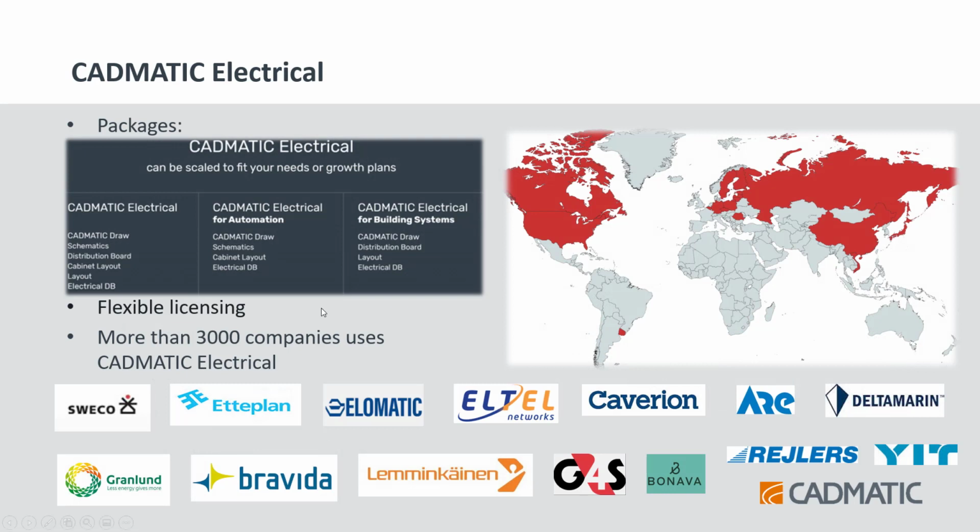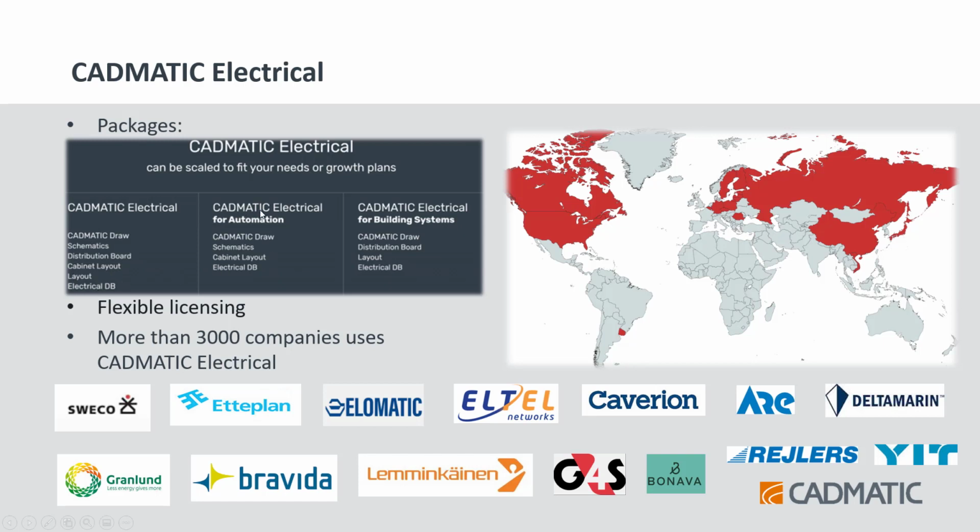Regarding the packages, we have basically three options. One is the full package, Cadmatic Electrical, that contains the CAD engine, Cadmatic Draw, which is very similar to every other CAD with all the layers, layouts, snaps, grids, orthos, etc. We have the schematics application, distribution, cabinet layout, the layout, and the database.